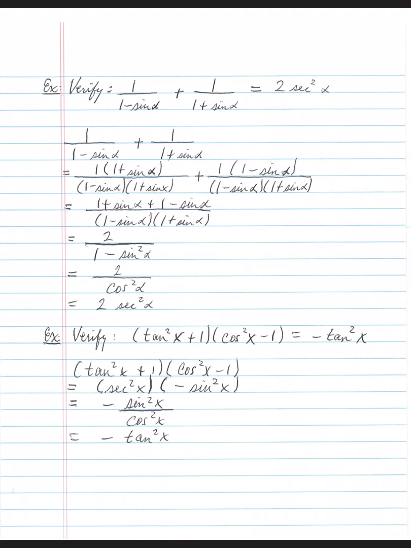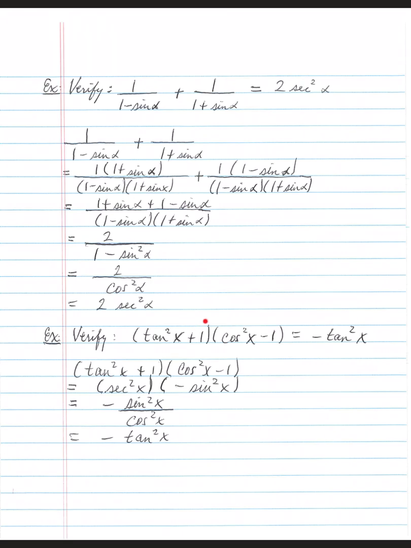The O and the I part from FOIL cancel one another. 1 minus sine squared alpha, using Pythagorean identities, can be rewritten as cosine squared alpha. And that's the reciprocal of secant squared. So this fraction becomes 2 secant squared alpha, which is the other side of the equation.